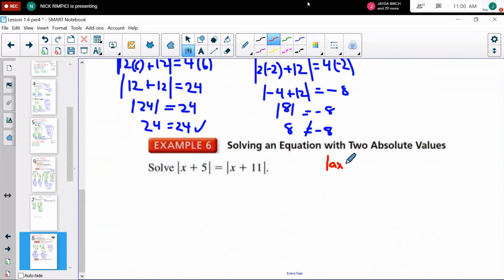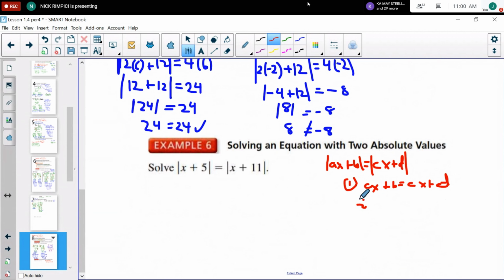So whenever you have ax plus b equals cx plus d, two absolute values, you end up with ax plus b equals cx plus d. That's the original.